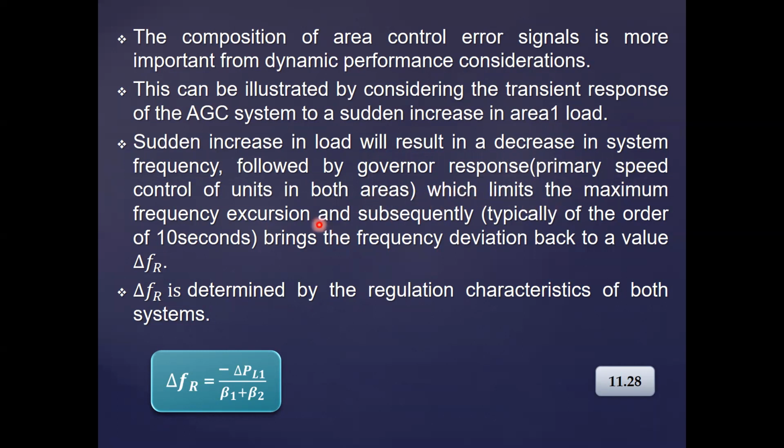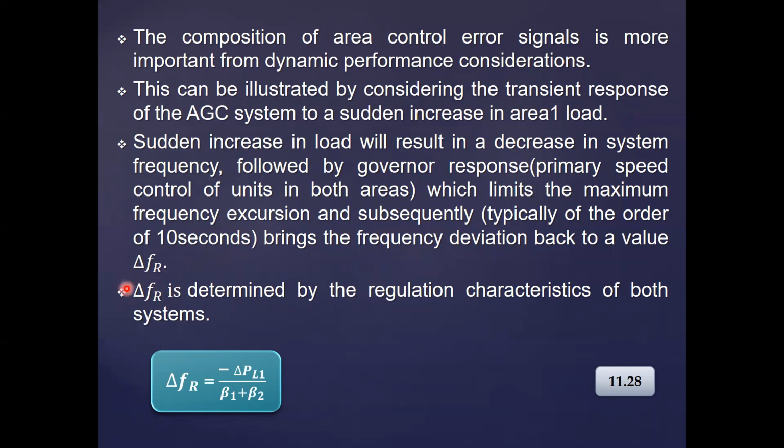The primary control loop will try to avoid the maximum deviation, and it will be in action for a few seconds and try to restore the frequency back to the nominal range. But again, this could be further improved.